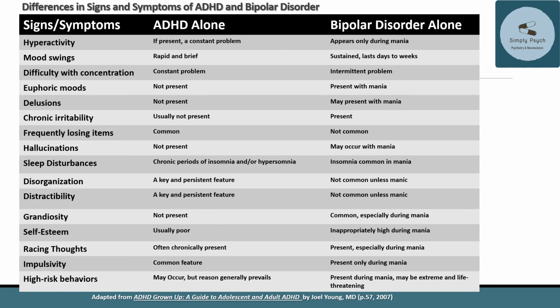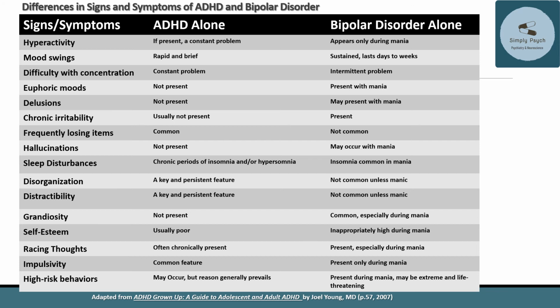Impulsivity, it's a common feature in ADHD. It's not common in bipolar unless you're manic. And then, the high-risk behaviors are also very common in ADHD. But during bipolar mania, you'll have high-risk behaviors, but they're typically much more severe and life-threatening.